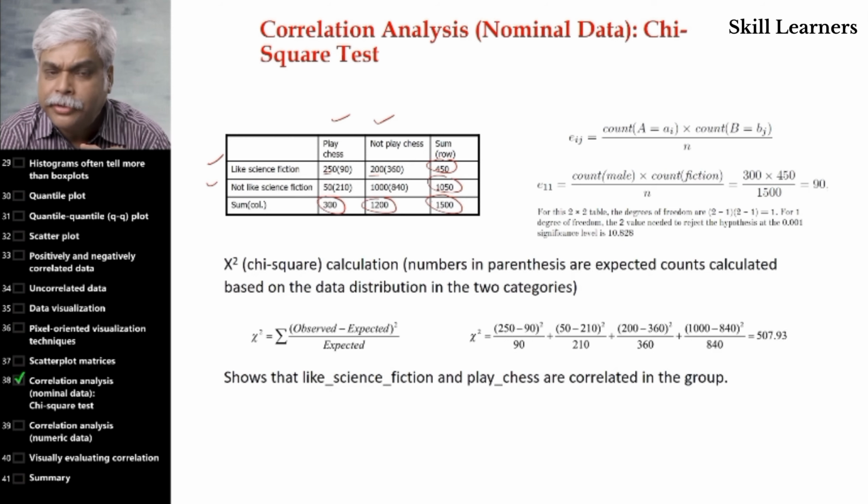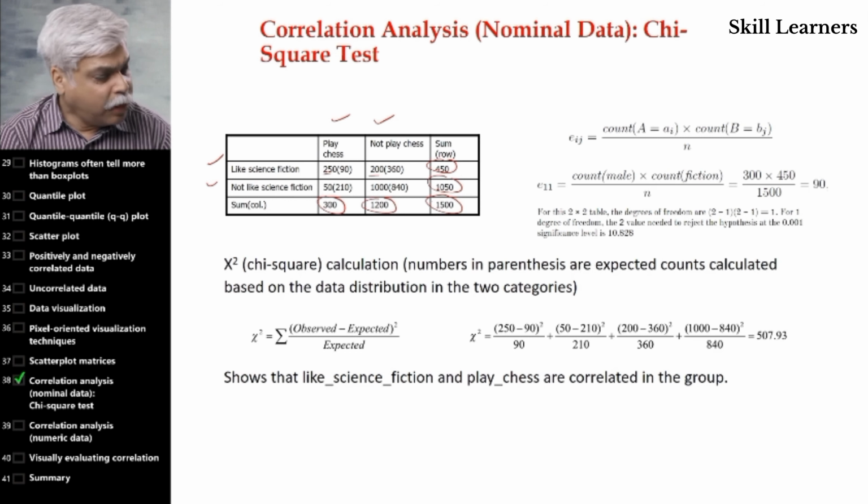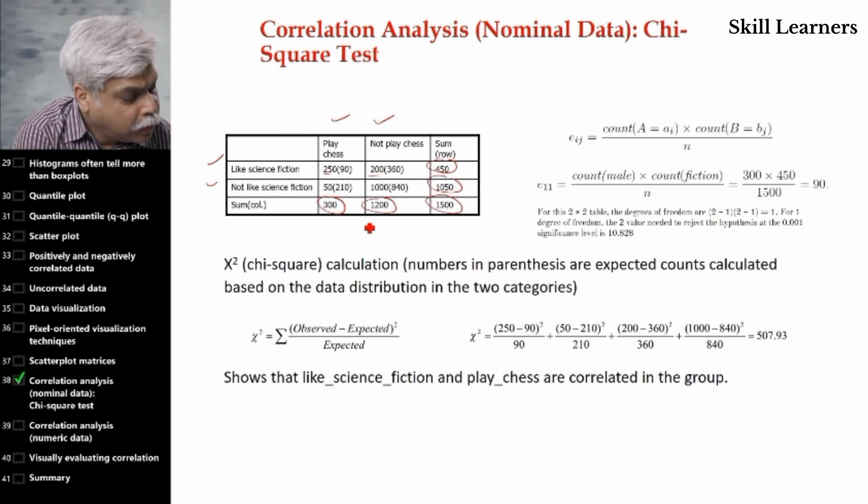Now, if that was the case, then what would have happened? Let me give a brief rundown as to how this calculation could be done. If I look at everyone in the set and I ask the question, what proportion of people played chess? The answer would be, if I ignore science fiction, 300 divided by 1,500.